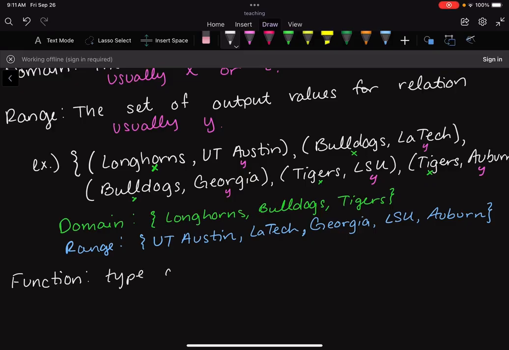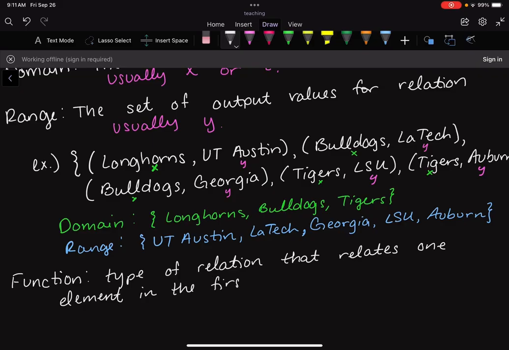So it's a type of relation that relates one element in the first set to exactly one element in the second set.